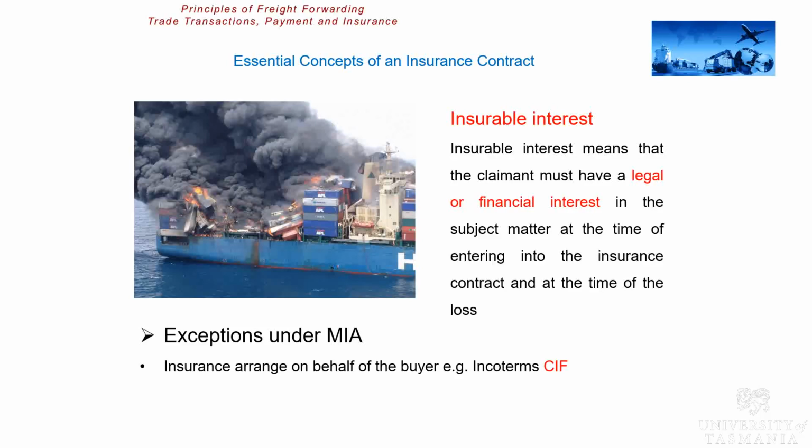The first one is if the insurance arrangement is on behalf of the buyer, such as Incoterms CIF, so Incoterms can influence this particular situation. Also, where the buyer on-sells the goods while they're in transit is an option for an exception.